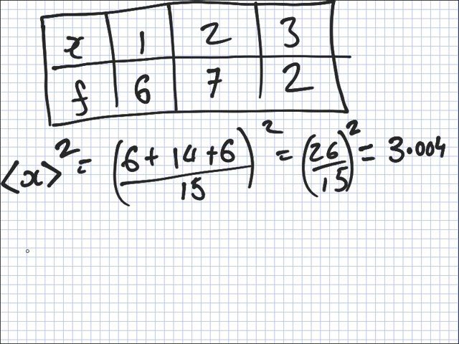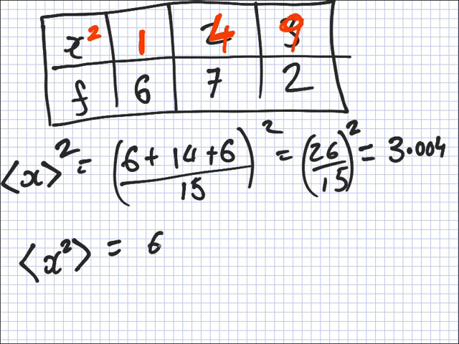What do I calculate next? Next I calculate this one. The only thing I need to do is go back to this table, and instead of having 1, I need to have 1 squared, which is 1. And 2 squared? 4. And 3 squared? 9. And I repeat the process.